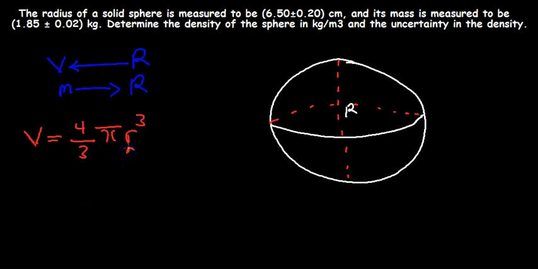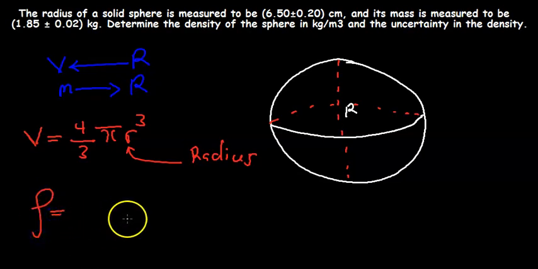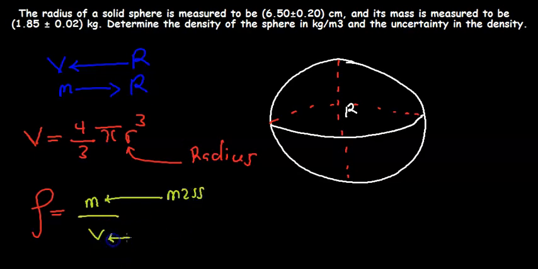Notice that this r simply stands for the radius. Another formula is for finding the density. Density rho is simply going to be m divided by v, where the m stands for the mass and the v stands for the volume.